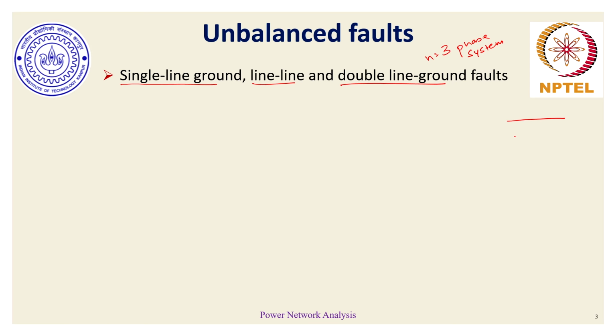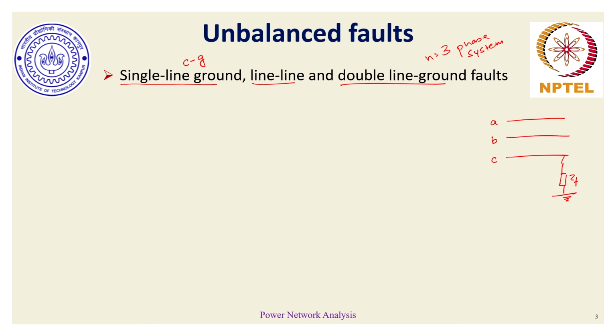If I have a transmission line with phases phase A, phase B, and phase C, and I have to understand what is a single line to ground fault, then probably in one such case, if phase C gets shorted to the ground through some fault impedance ZF, then I would call this particular single line to ground fault as phase C to ground fault, G referring to ground.